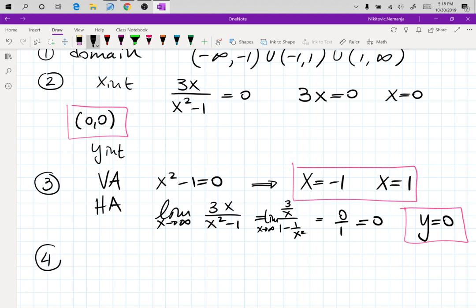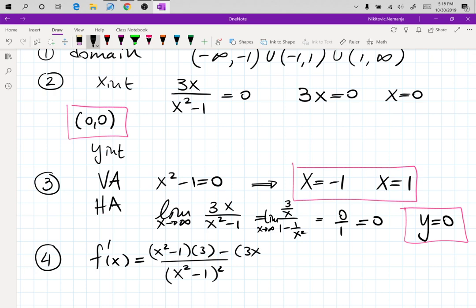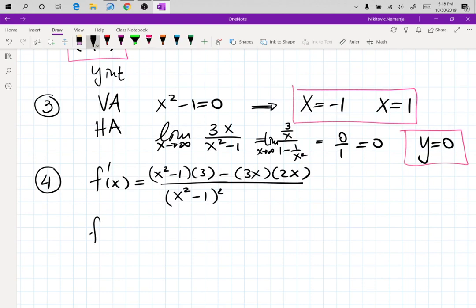Now, 4, we have our derivatives. So, the derivative, we use the quotient rule. X squared minus 1 squared, x squared minus 1 times 3 minus 3x times 2x. We simplify that derivative. 3x squared minus 3 minus 6x squared, over x squared minus 1 squared.